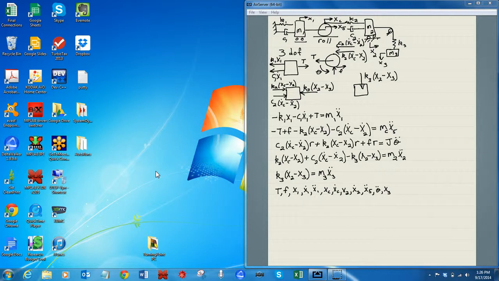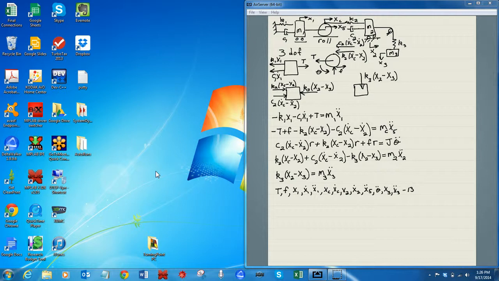There's no x3 dot, but there is an x3 double dot. Okay, so I think I've got them all. I may have to come back and check them again, but that would be 1, 2, 3, 4, 5, 6, 7, 8, 9, 10, 11, 12, 13. Looks like I've got 13 unknowns.